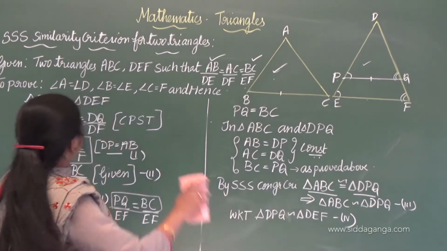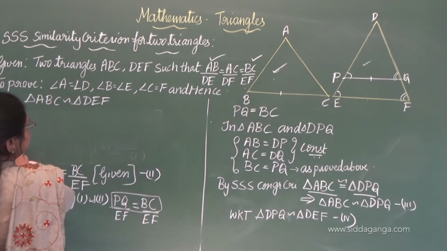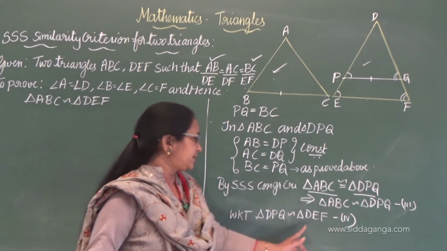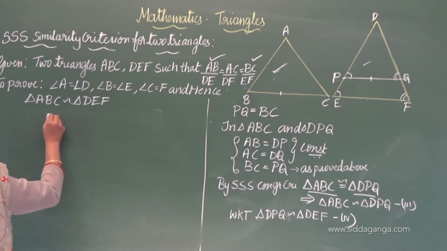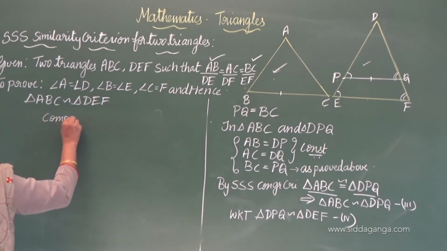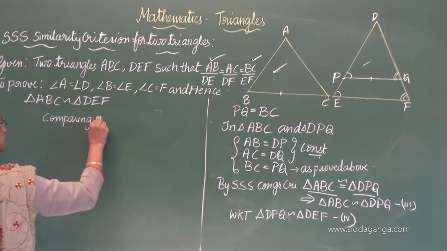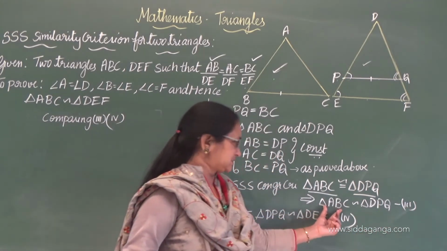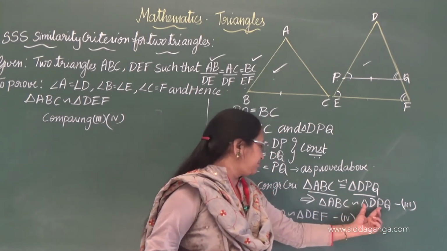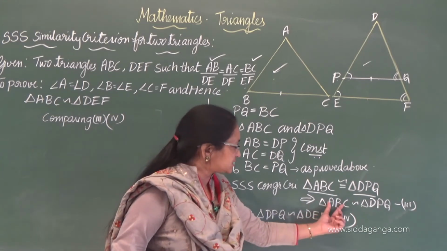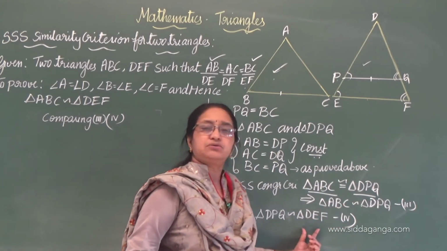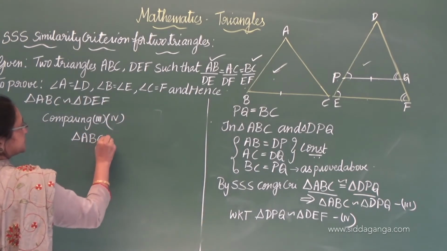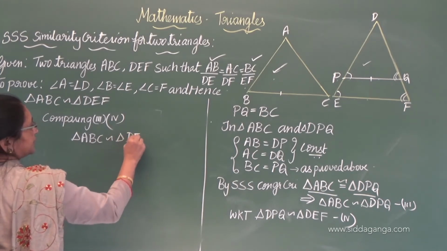So, I will write here, by comparing 3 and 4, see, ABC is similar to DPQ and DPQ is similar to DEF. So, can I say that triangle ABC is similar to triangle DEF? So, triangle ABC is similar to triangle DEF.